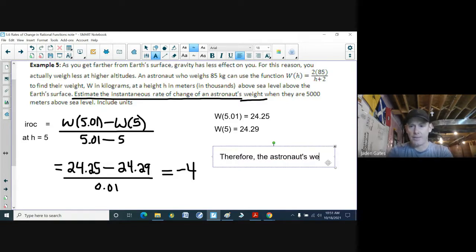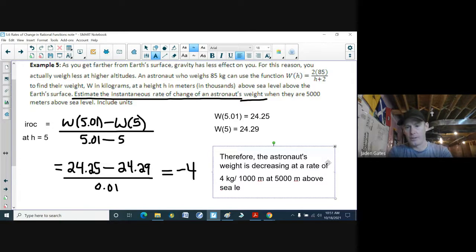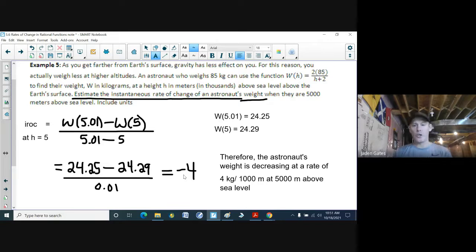Astronaut's weight is, the negative sign again, so that means decreasing at a rate of 4 kilograms per, not 1 meter, but this is in thousands of meters, so per 1,000 meters at 5,000 meters above sea level. There we go. So anytime you have a negative rate of change, it's decreasing. If you have a positive, it's increasing. And again, here's one where the units were just a little bit different.